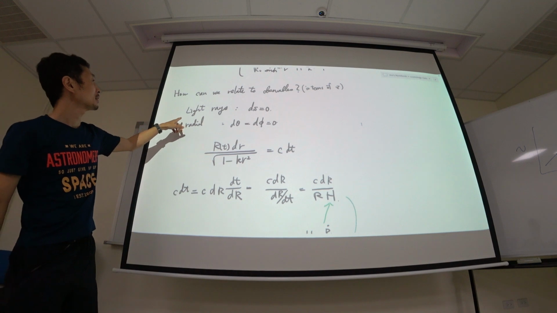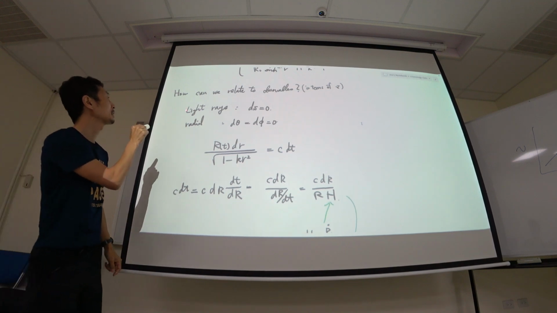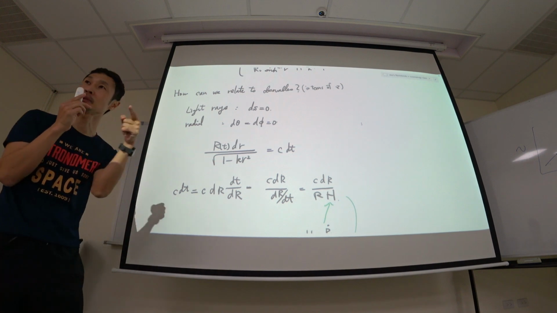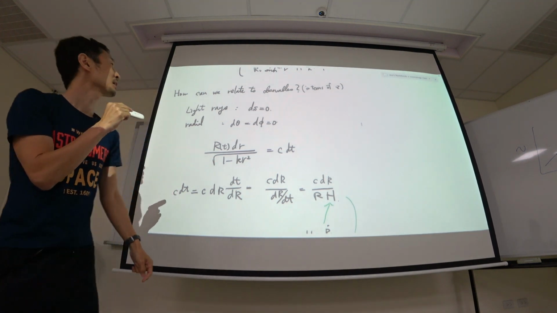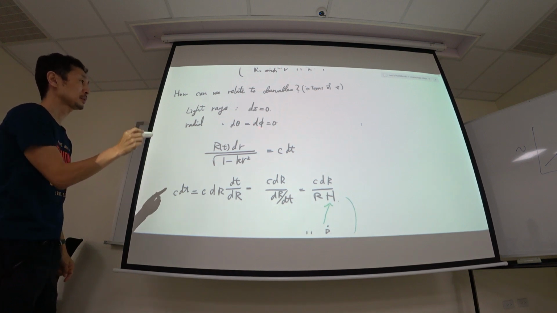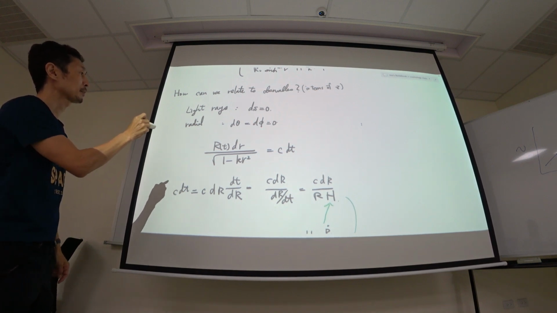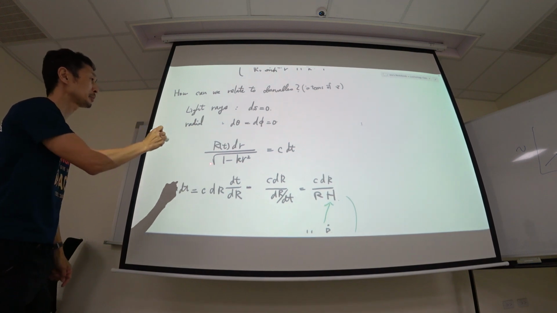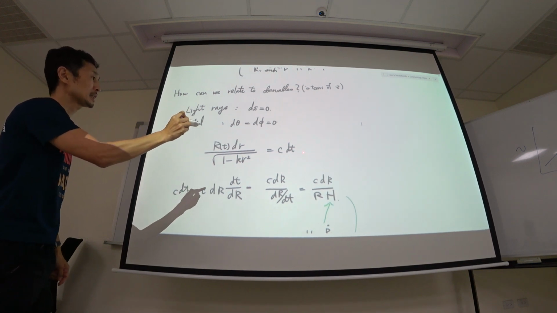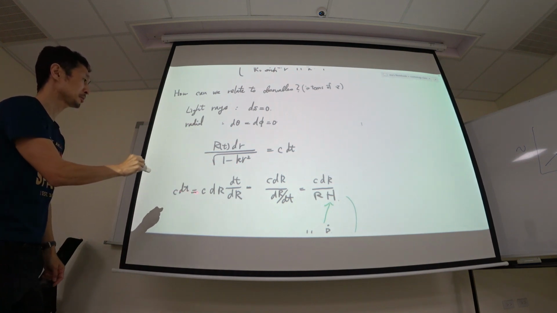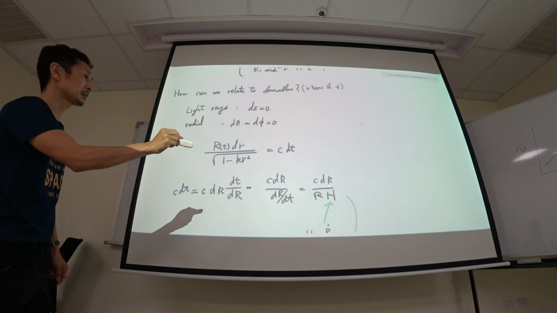For light, ds is 0 because light goes the shortest path. And then in the radial direction we take the angles to be 0, and this co-moving distance is the light traveling distance.